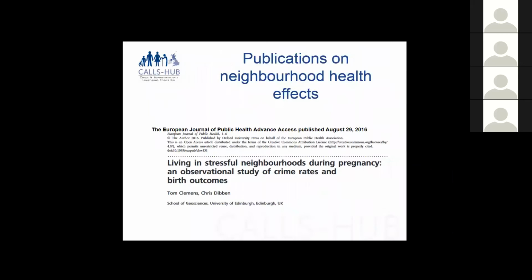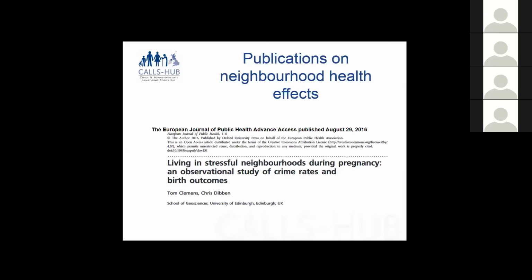So we're going to be profiling 4 different papers in this webinar that use longitudinal studies in different countries within the UK, but I just wanted to show a couple of other publications that have been quite influential and have used this data set.